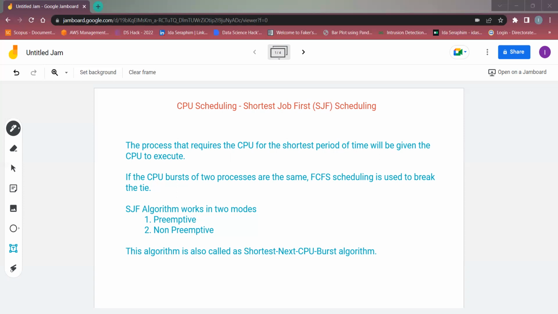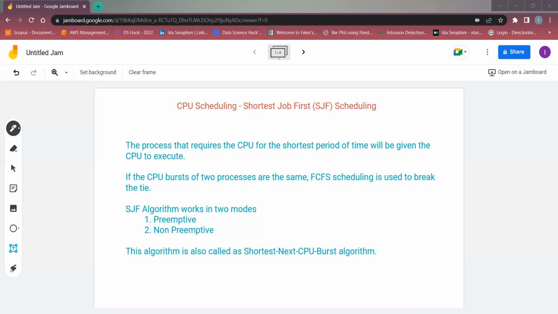SJF works in two modes, preemptive and non-preemptive. Preemptive means that whenever a higher priority process comes in, the process that is currently executing will be thrown out, and the process having the highest priority will be given the CPU to execute.